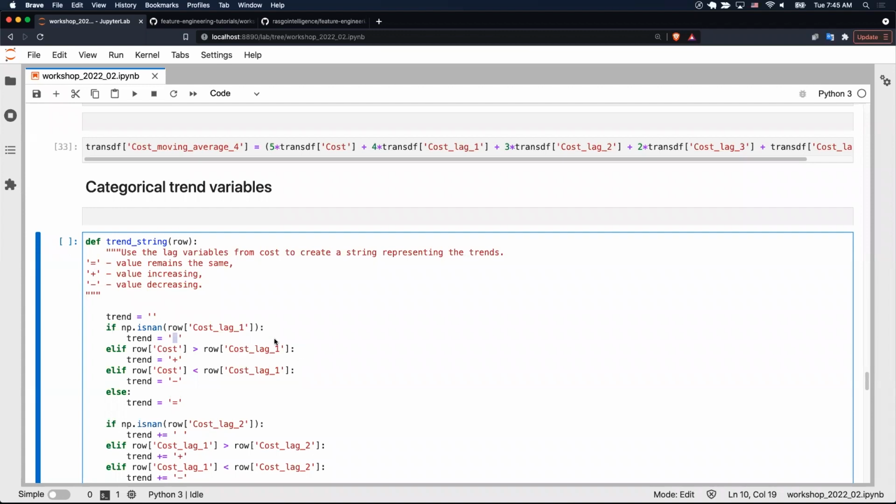If the current transaction is larger than the transaction amount 1 ago, we can replace it with a plus. If it's smaller, we're going to replace it with a minus. If it's neither of those, it must be equal. We'll replace it with equal.